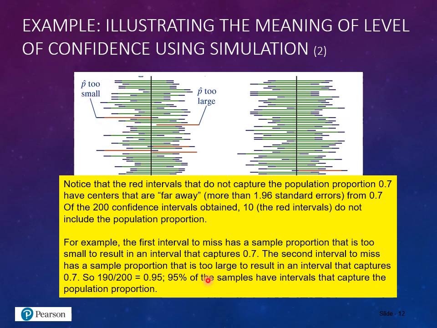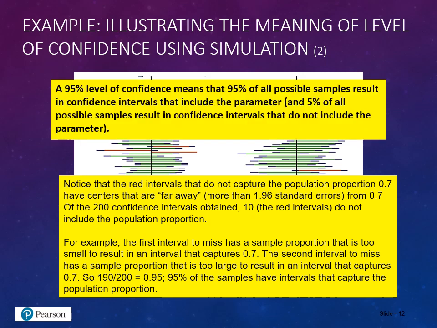The second interval to miss, it's pretty close, it's down there, has a sample proportion that is too large to result in an interval that captures 0.7. So 190 over 200, which equals 0.95. This indicates 95% of the samples have intervals that capture the population proportion.